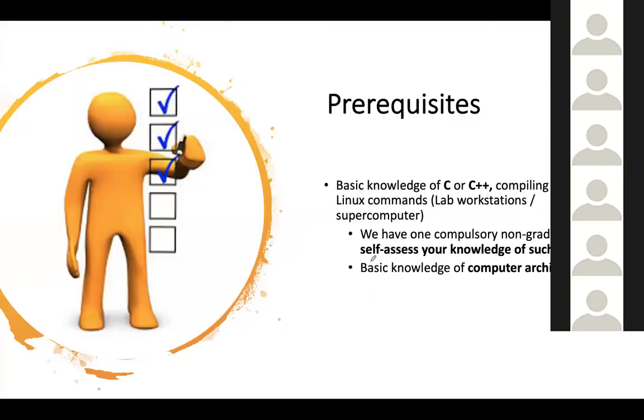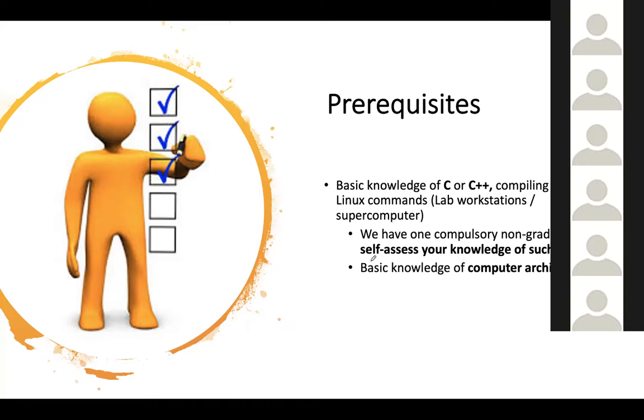So let's talk a little bit about the prerequisites for this course. So this course is about programming GPUs and accelerators, in particular NVIDIA GPUs. We will see during this course that the main approach to program GPUs is to use an extension of the C programming language. So one of the basic prerequisites that we have in order to really enjoy this course is to have some basic knowledge of C and C++.